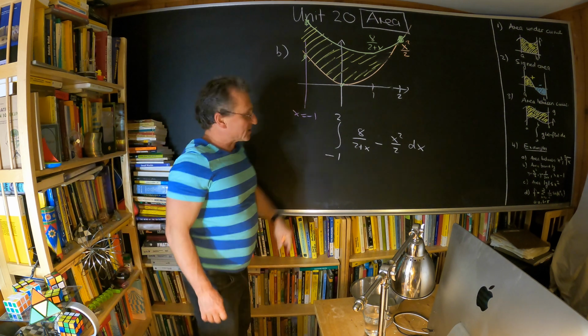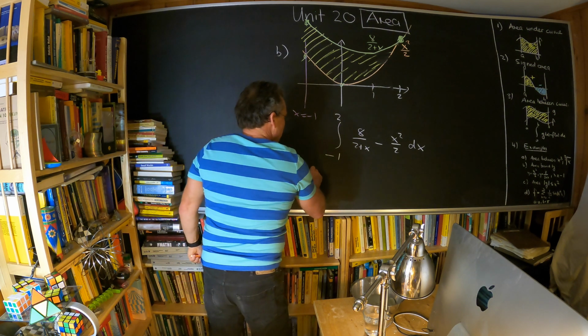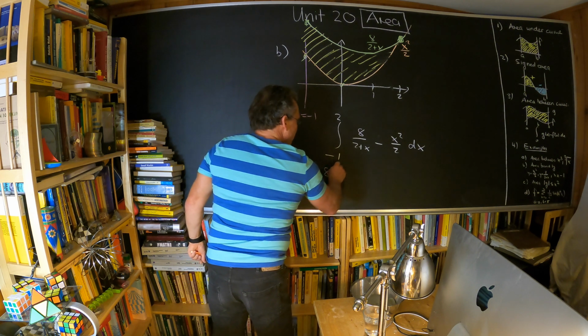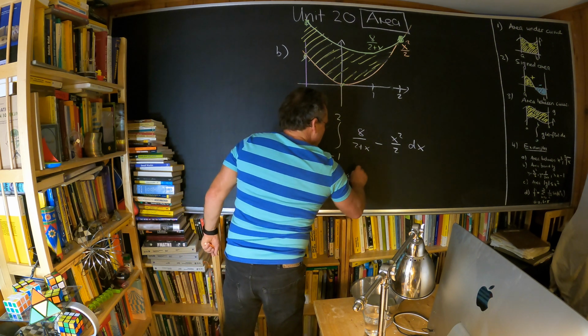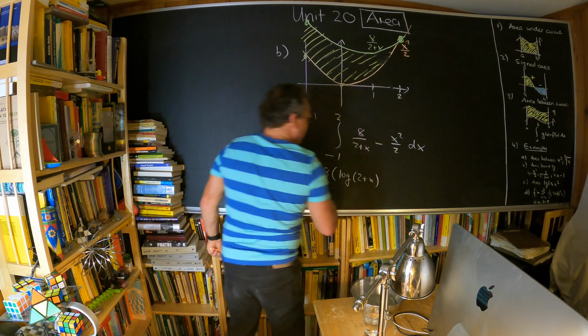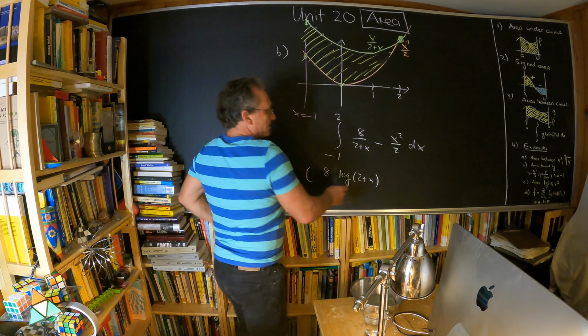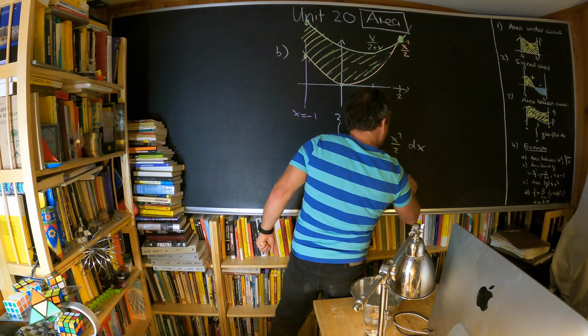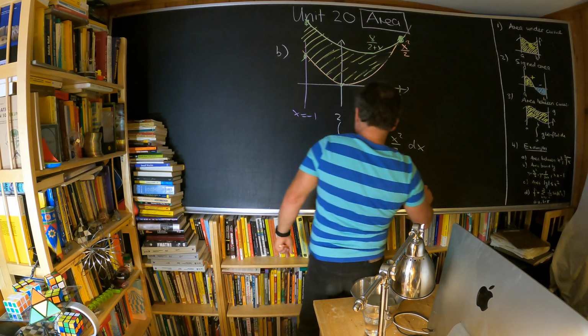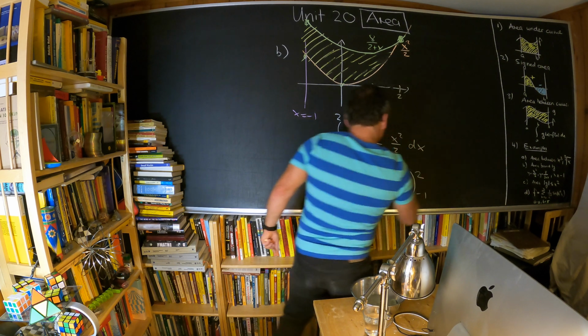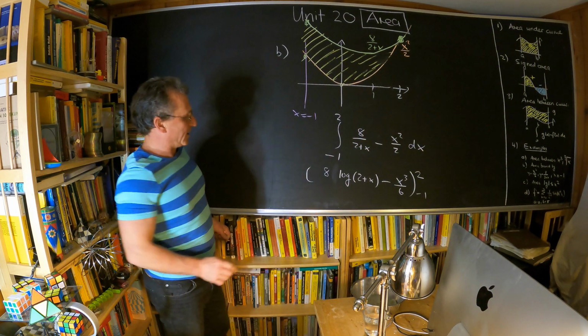So 8 over x plus 6 we know. That's 8 times the log of x plus 6, and then we have minus x cubed over 6. We evaluate it from -1 to 2, and we can evaluate that.